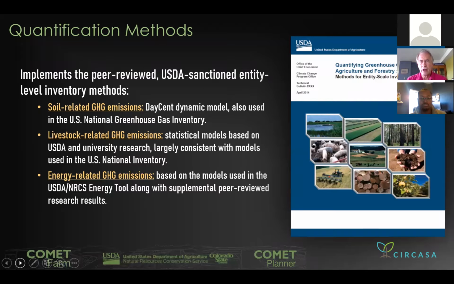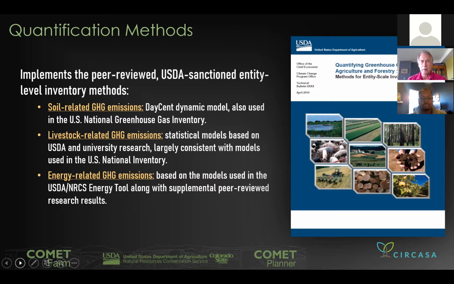In the US, about 6 years ago, 2014, this blue book on the right-hand side that you see there was published, and it is USDA's methods for entity scale greenhouse gas and carbon inventories for farms and ranches.